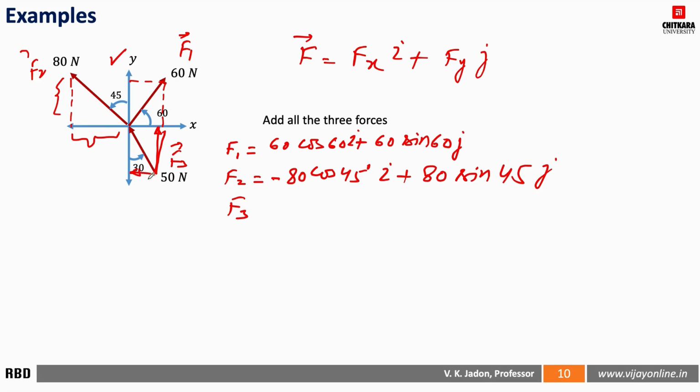This particular component is in the negative x direction, so it will be minus 50, and since we are given the angle with this, the x component is the sine component, so we will have sine 30 degrees, and the y component is in the positive y direction, so plus 50 cos 30, this is i and this is j.